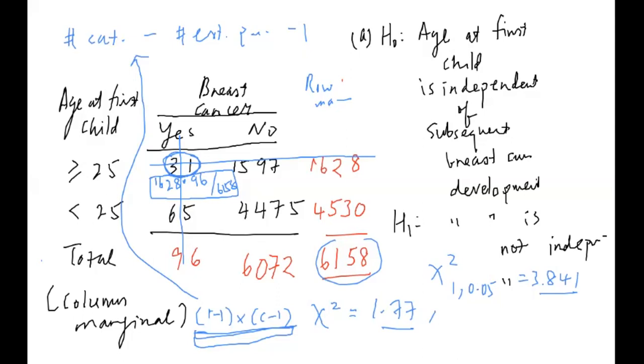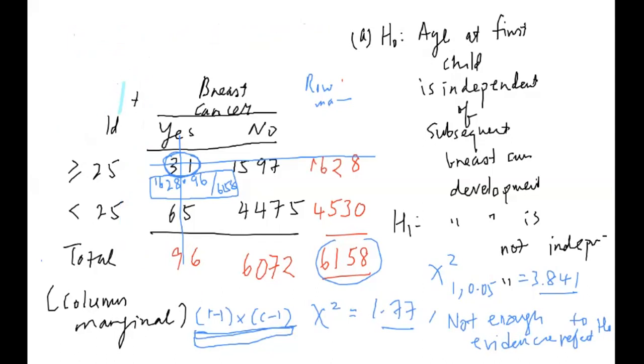So there's not enough evidence to reject the null hypothesis, okay? Right? So not enough. But however, it will be interesting to follow up the analysis a little bit more.